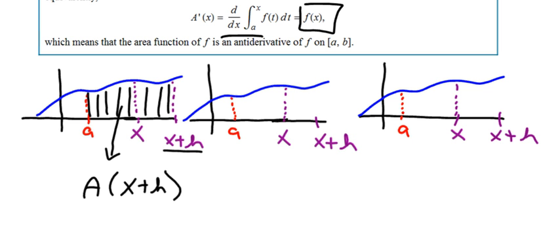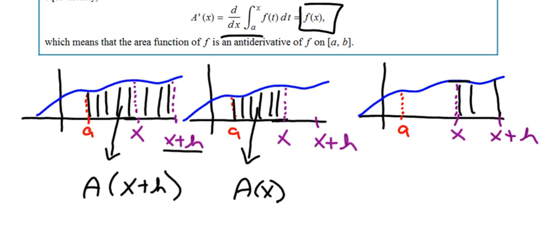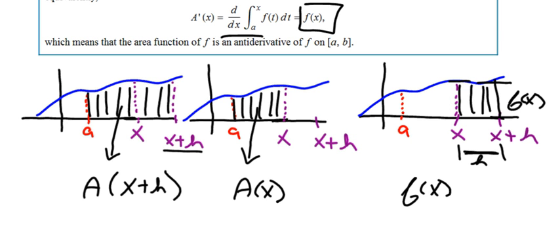And then if I just go from a to the x, this area is A of x. And if I want to figure out the piece I did not include in the second step, I'm going to use that this is the height of f of x, and this width here is h. So area would be height times width there.